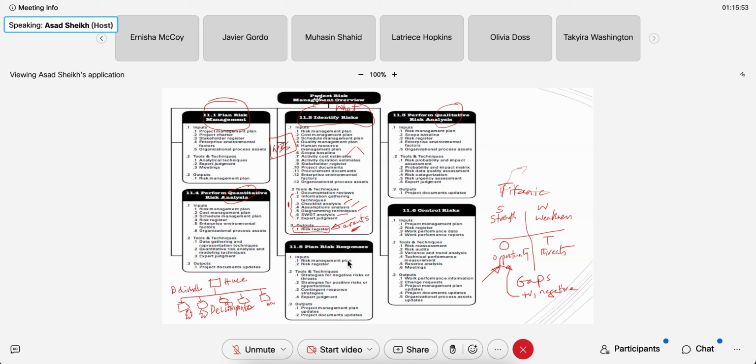Okay, so we're going to revisit these things. But right now, you can make some notes here and say quantitatively, it's pure probability. When it comes to qualitative, it's basically yes and no, high, medium, low.